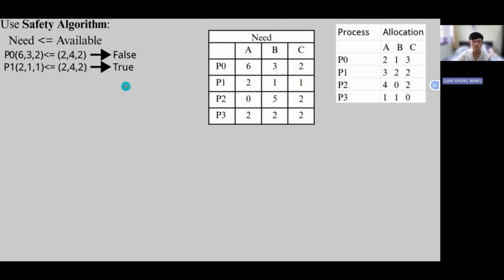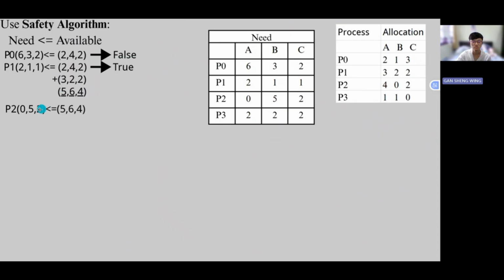When true, we update our available by adding the allocation. So we add the allocation 322 to 242. 2 plus 3, 5. 4 plus 2, 6. 2 plus 2, 4.